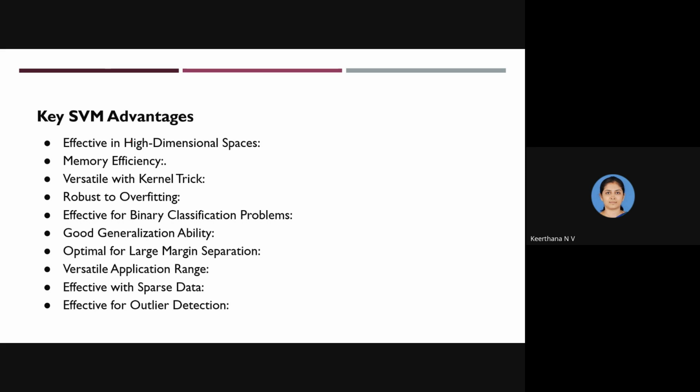This convex nature of SVM optimization ensures a unique and globally optimal solution, in contrast to models like CNN or DNN classifiers. These kinds of classifiers can get stuck in local minima, but the SVM doesn't. So that's why it is very effective for outlier detection.